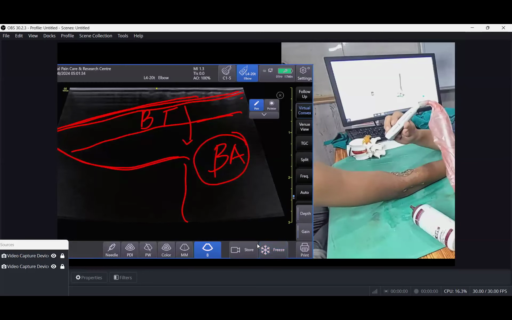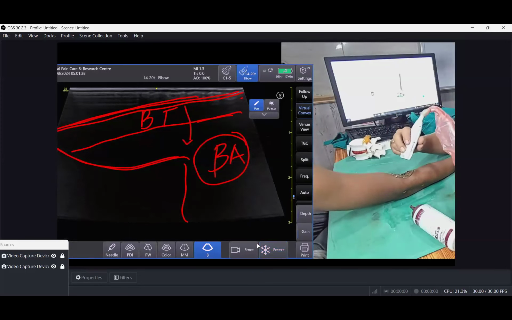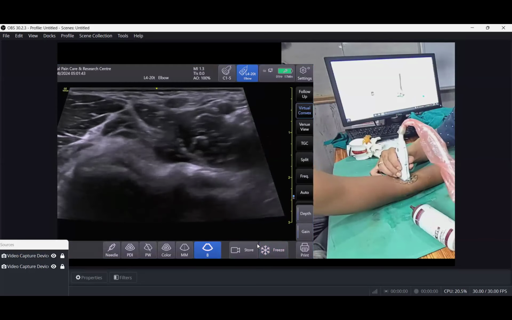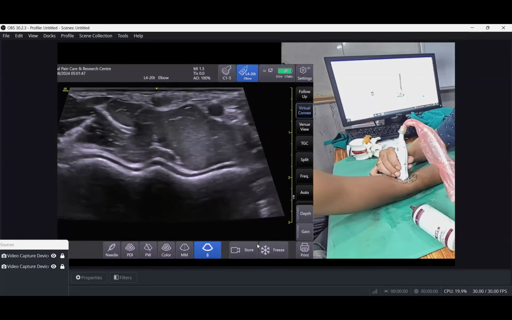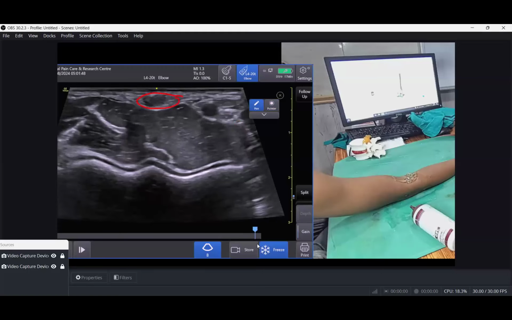Look here also. In this picture also you can see below the biceps is the brachialis muscle. In the home page, you can nicely see this is the biceps tendon in short axis.